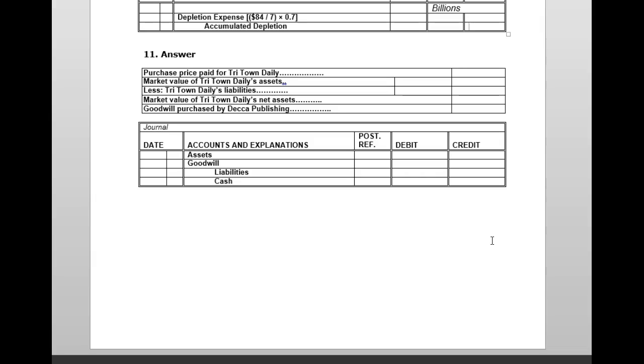Well, if you read this, okay, they had total assets of $160,000 and liabilities of $80,000, and the fair market value of the assets was $120,000. Well, they could have all the reported assets they want. When you buy it, you need to record it at the fair market value here.